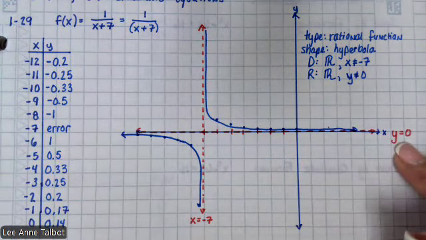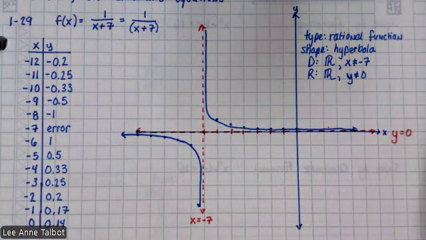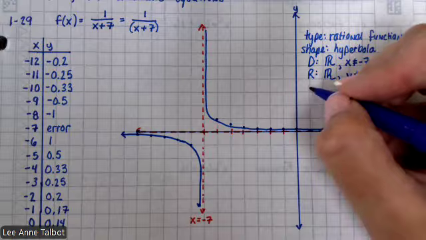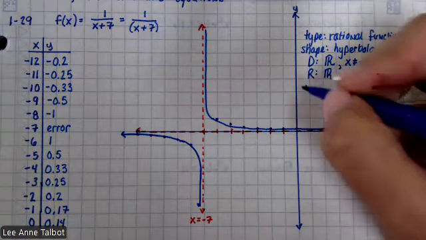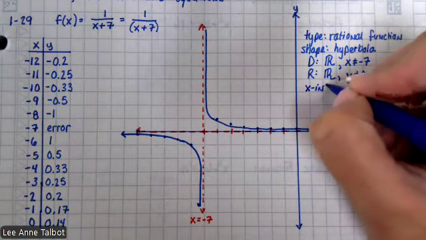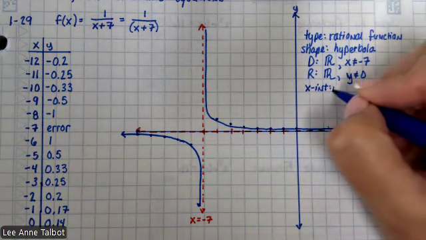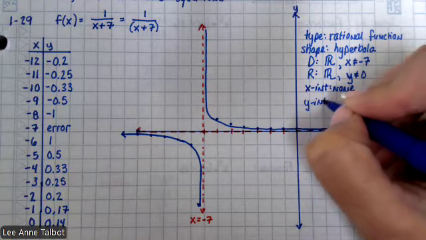That's where your horizontal asymptote is. It is a function. We don't need to write that down because I wrote rational function, so I sort of spoiled that. X-intercept. Trick question. None. Y-intercept.